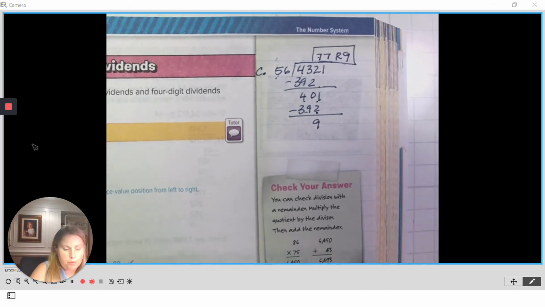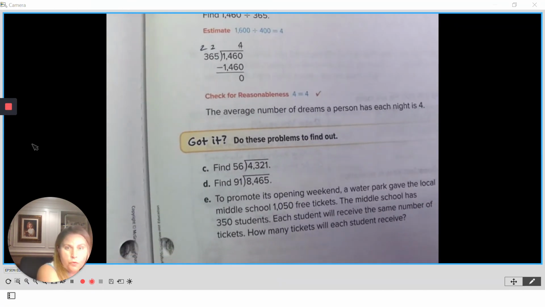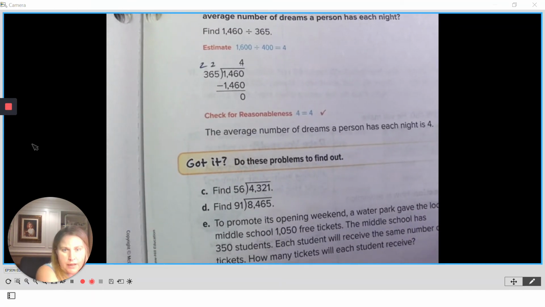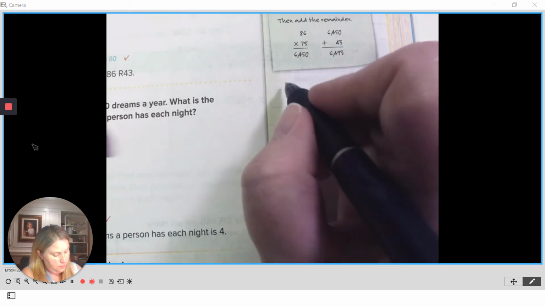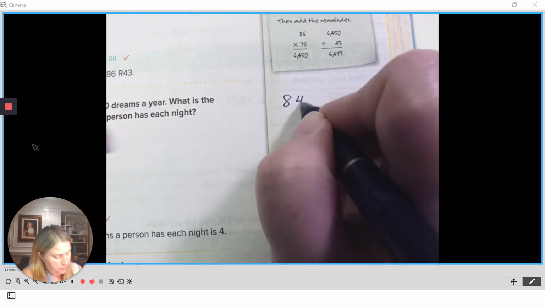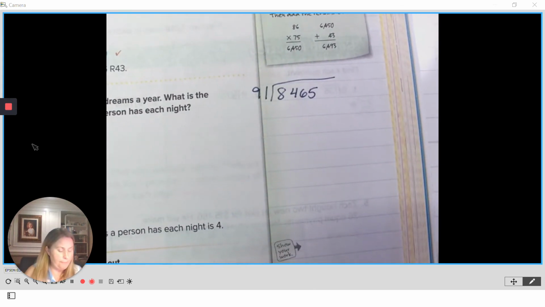Let's look at a couple more examples. Let's look at letter D. 8,465 divided by 91.